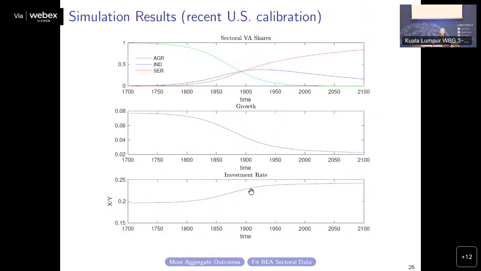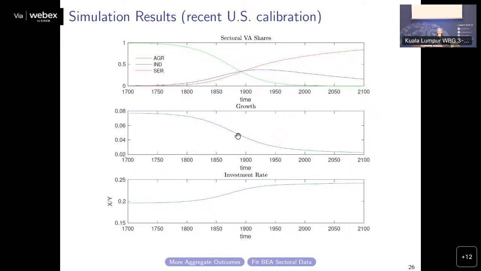Okay? Now you have two things happening. You have Baumol's disease, which is you're moving from fast-growing agriculture to slow-growing services. But you also have the investment rate increasing over time. So one of those is going to make growth slow down. The other is going to make growth increase over time. And quantitatively, Baumol's disease wins the battle.